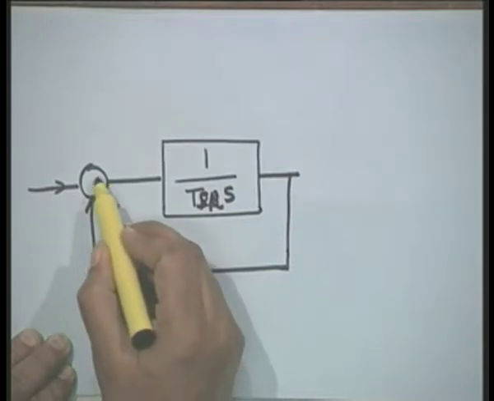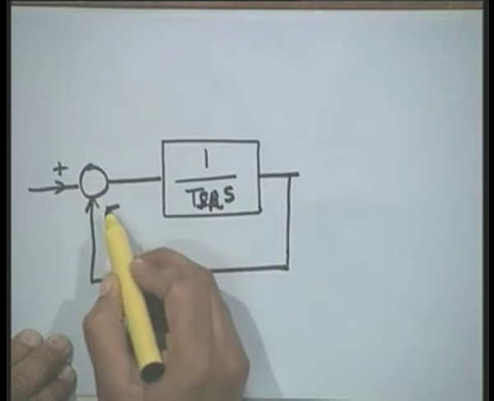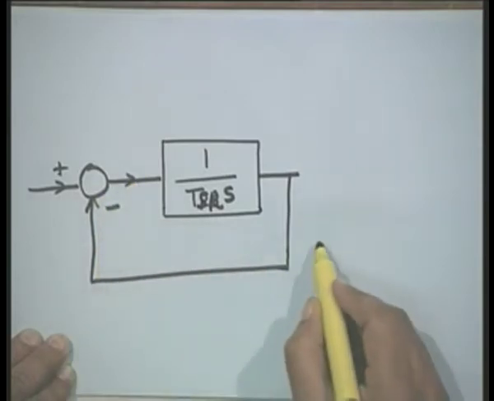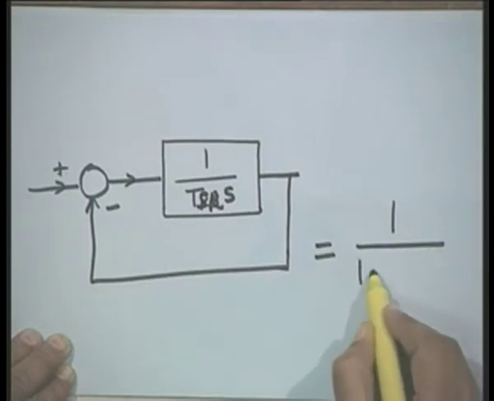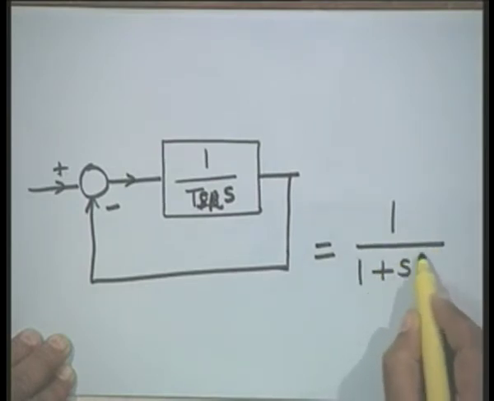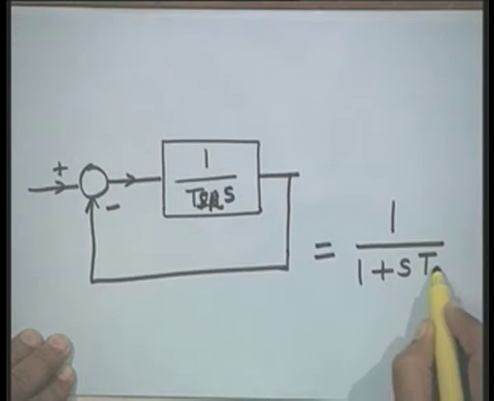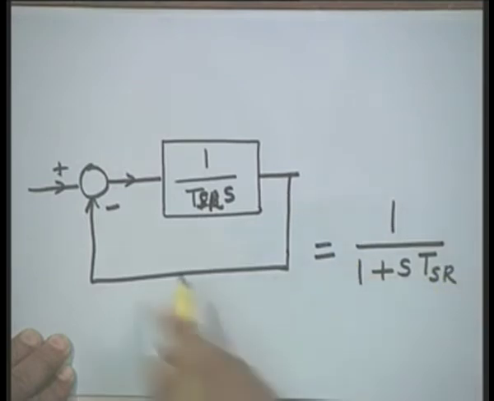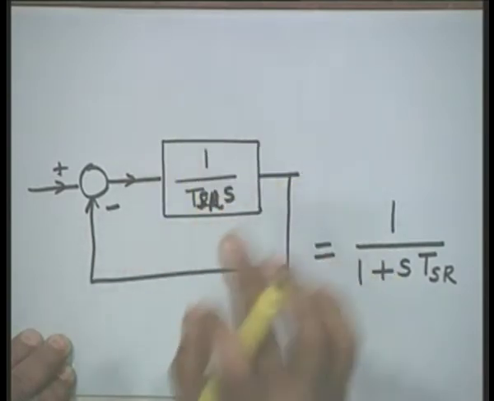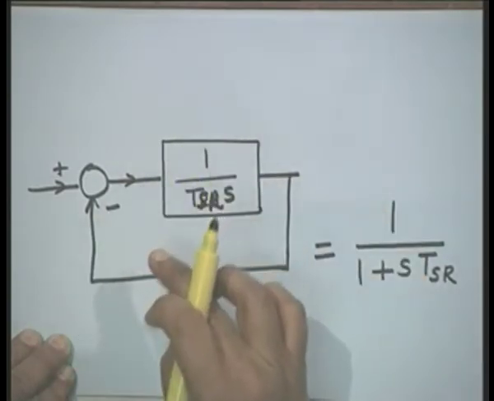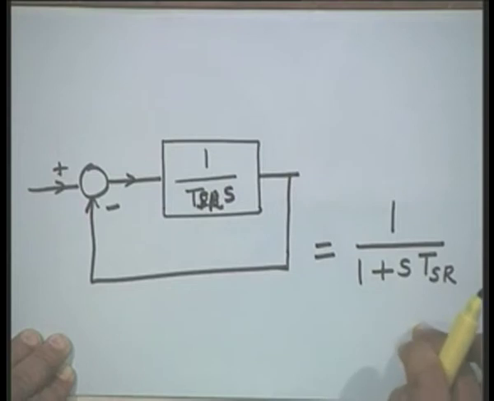This is a plus, this is minus. Now, this can be replaced by an equivalent transfer function of the form 1 over 1 plus S times TSR. That is, this transfer function which represents the integrator and a negative feedback is represented by a first order transfer function of this form.